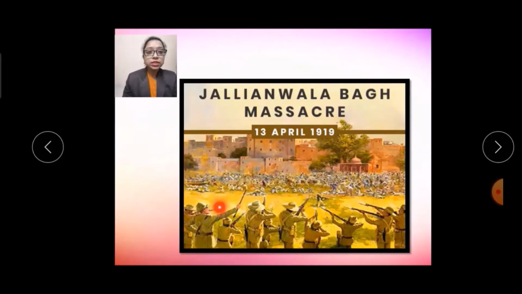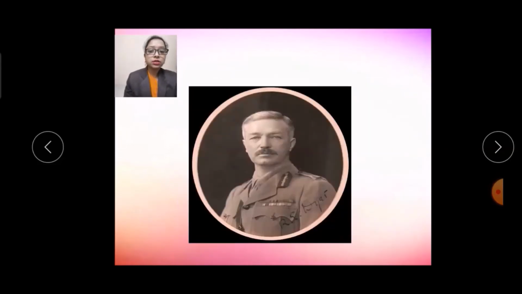Here you can see how the British soldiers fired on the unarmed crowd. Dyer was forced to resign in March 1920. Here you can see General Dyer. This incident took place in 1919, and in 1920 General Dyer was forced to resign.